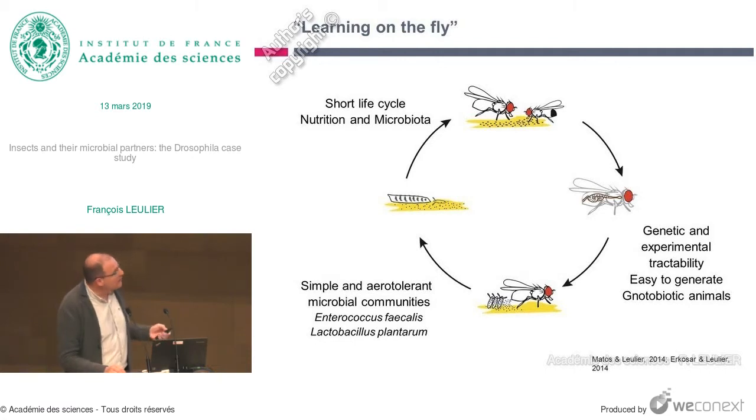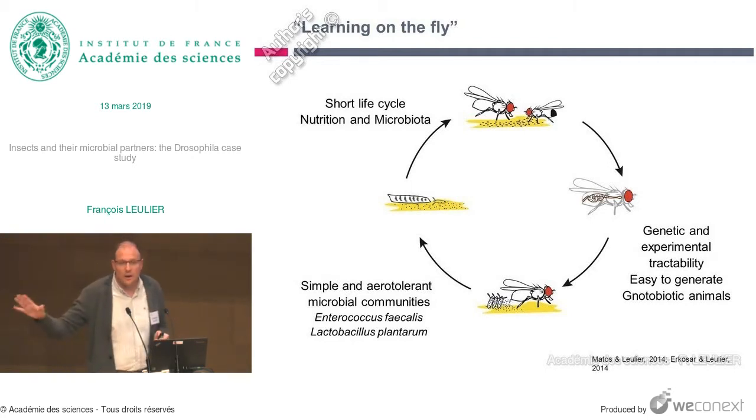Coupled to that, the microbial community associated with flies, at least in the laboratory, is extremely simple. In our lab, for example, flies face two major bacterial species, Enterococcus faecalis and Lactobacillus plantarum. The communities in the wild are a bit more complex than those two species.